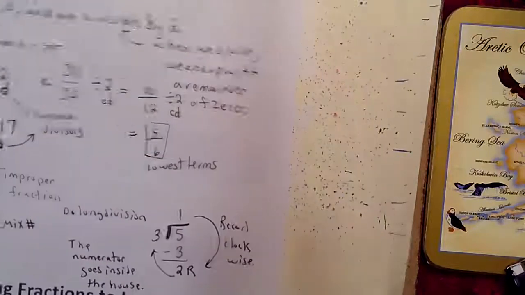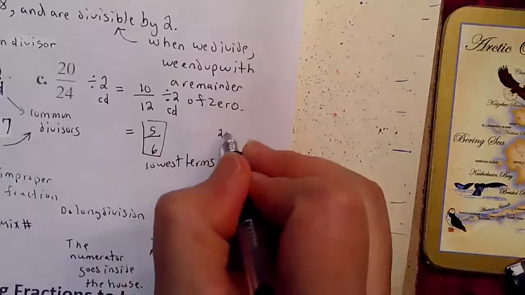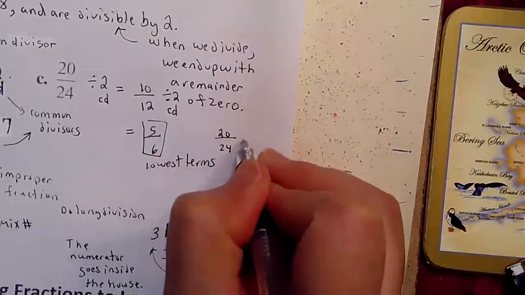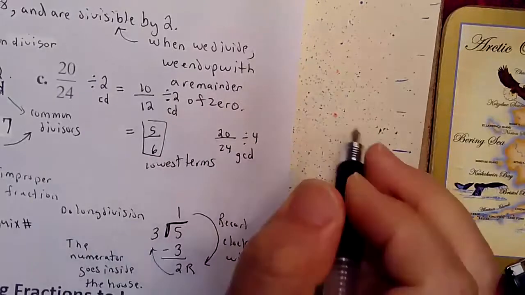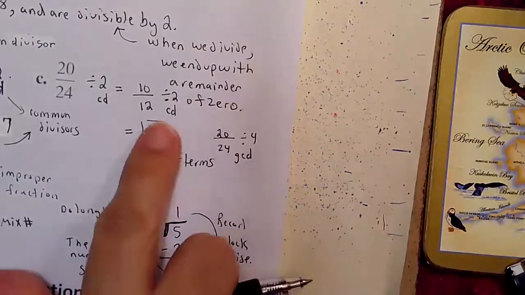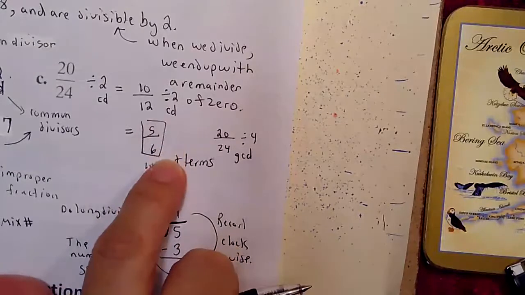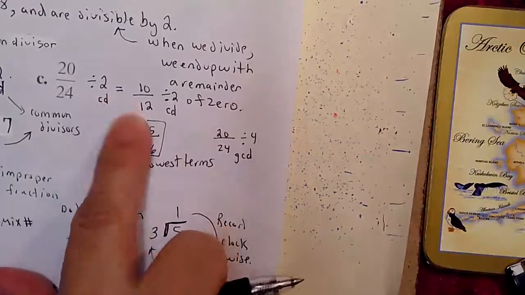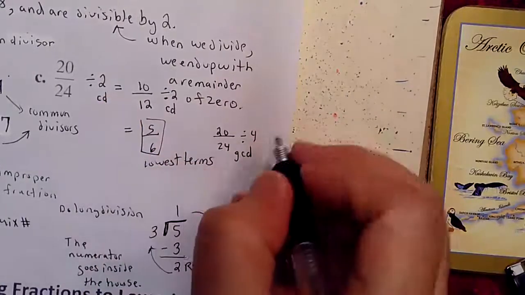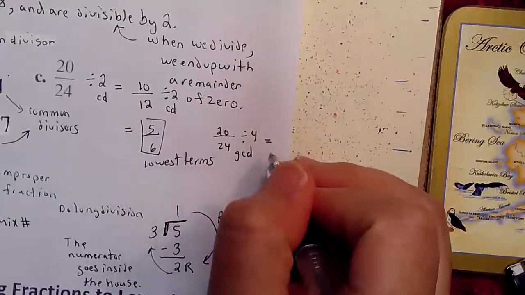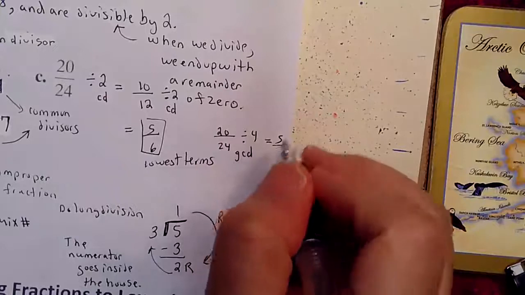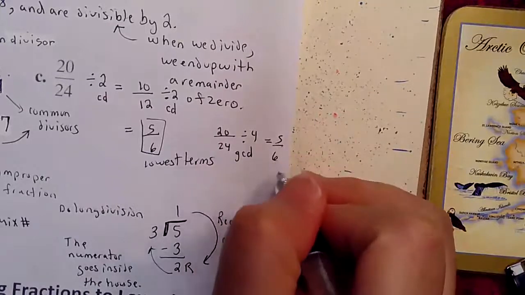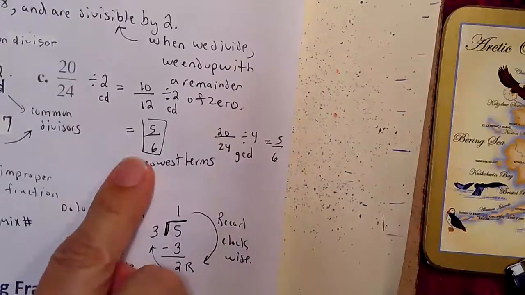So if I show you divided by 4, this is the greatest common divisor, where these are just common divisors. This is the greatest common divisor because 20 divided by 4 is 5, and 24 divided by 4 is 6.